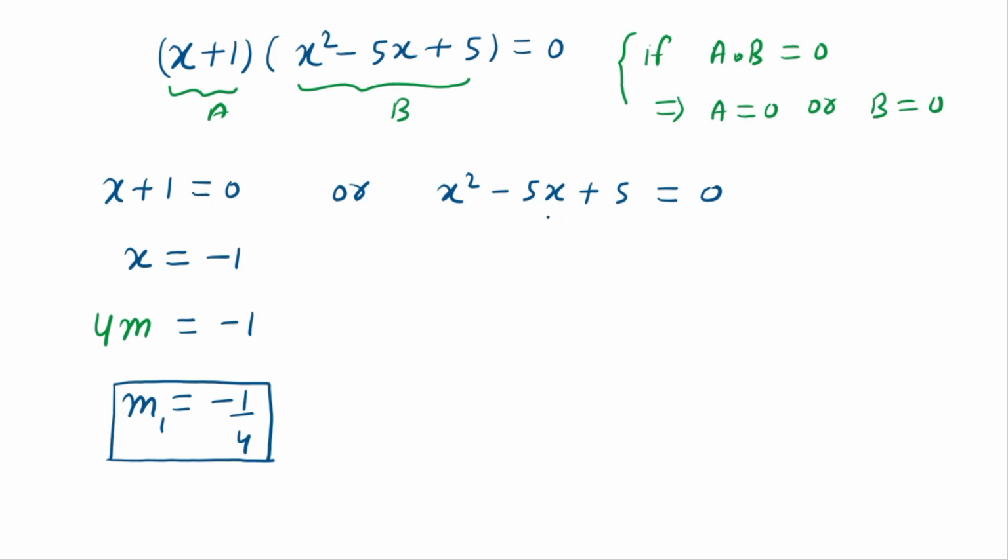Now we have a quadratic equation. Here the value of a is equal to 1, the value of b is equal to −5, and the value of c is equal to 5.